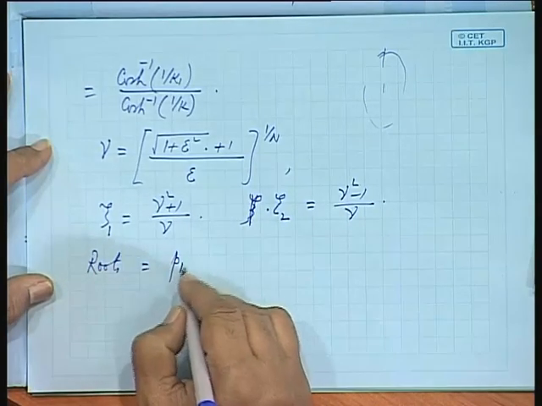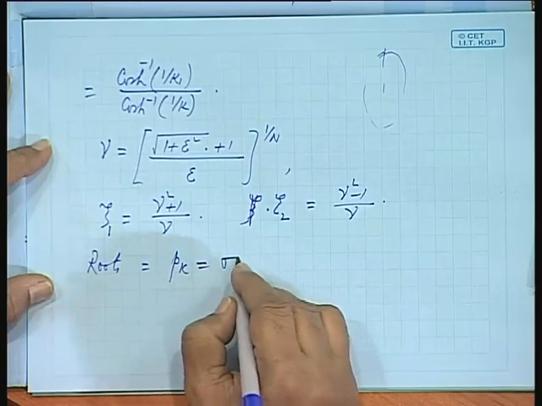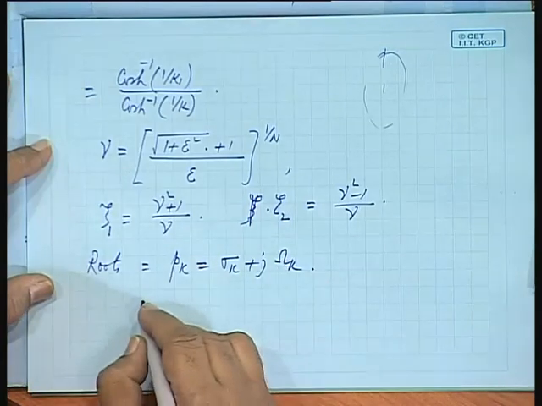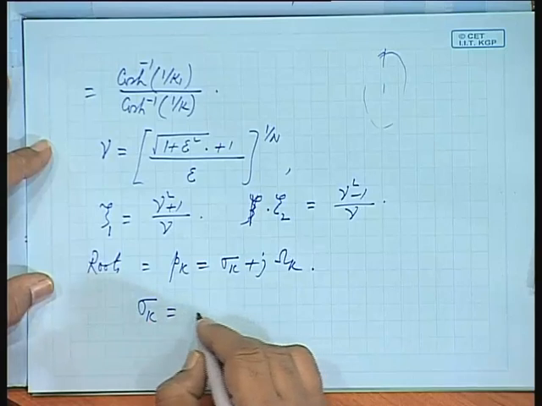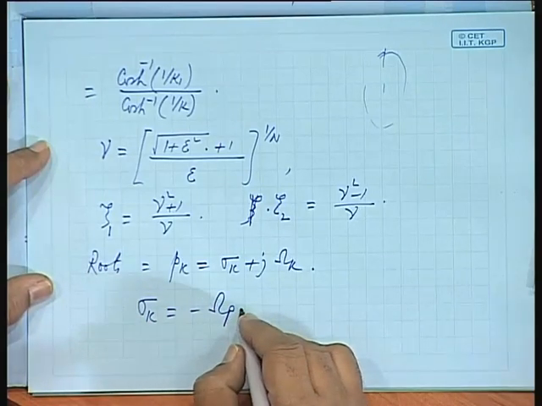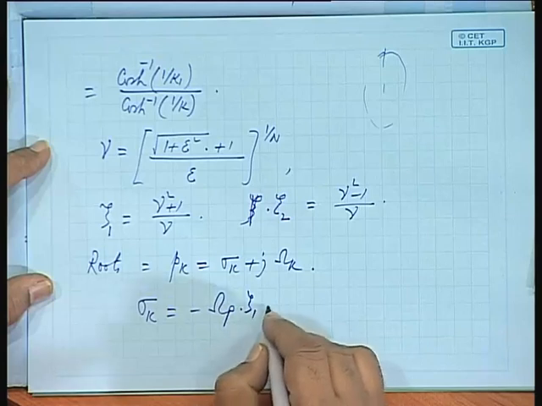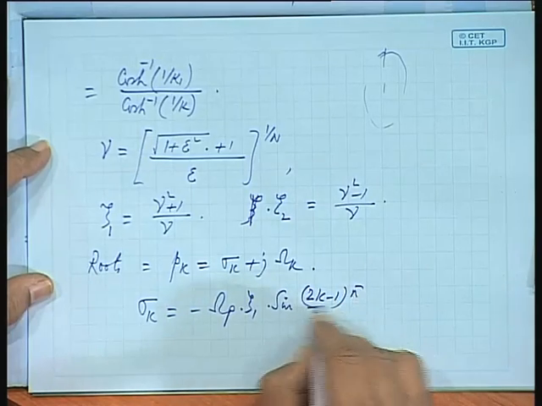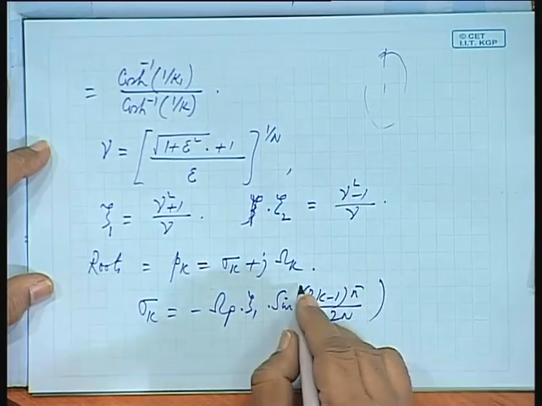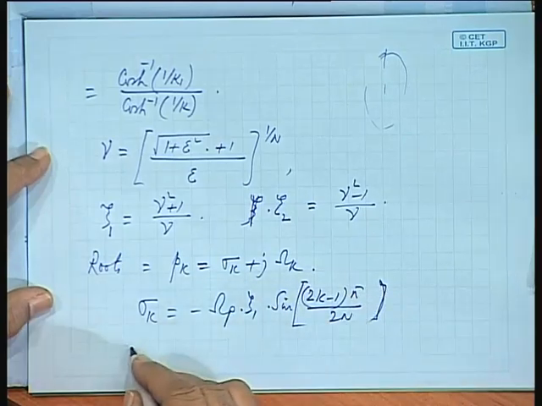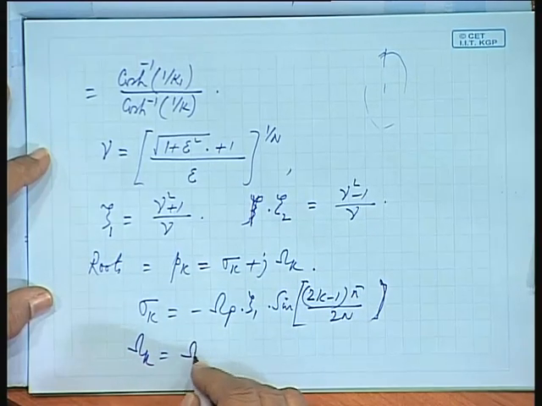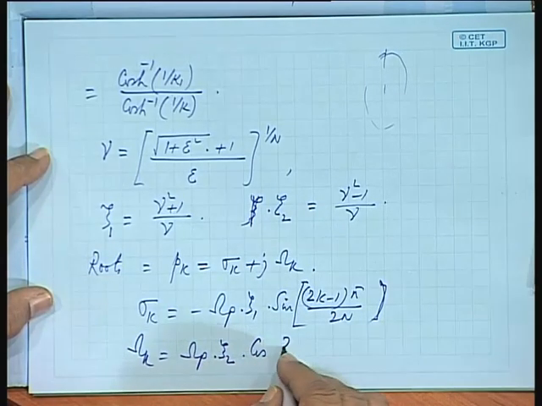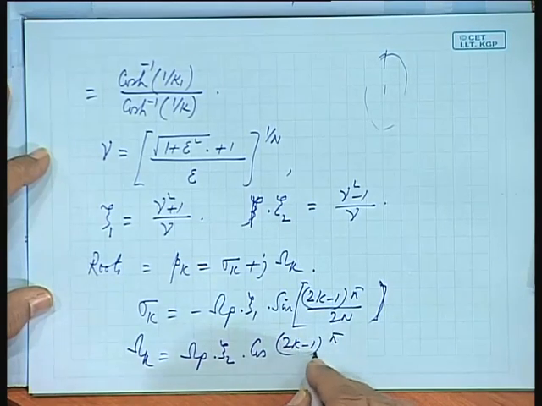Roots will be p k equal to sigma k plus j omega k, the kth root. So, sigma k is given by minus omega p times zeta 1 sin of (2k minus 1) pi by 2n, and omega k is equal to omega p times zeta 2 cos of (2k minus 1) pi by 2n.